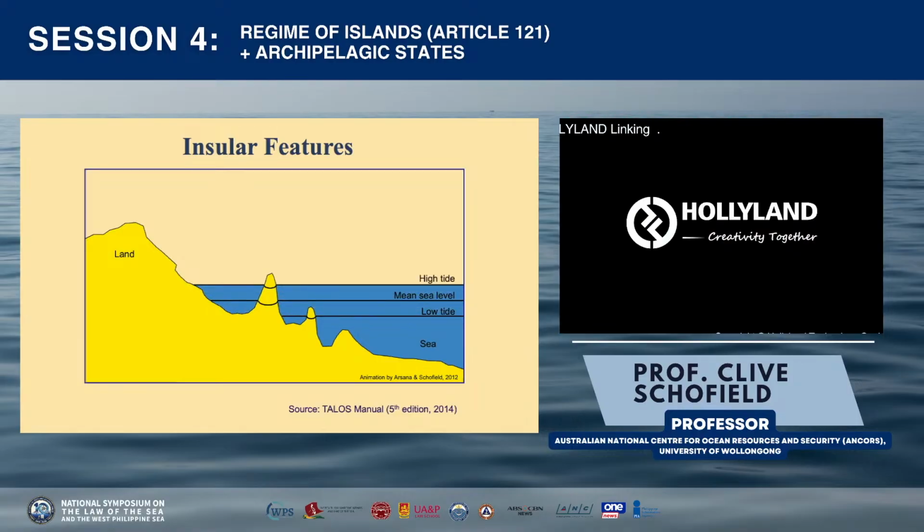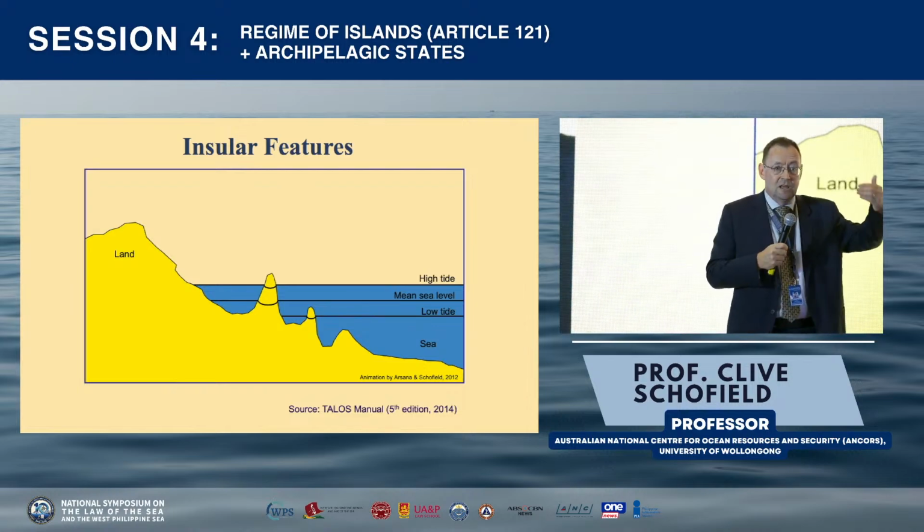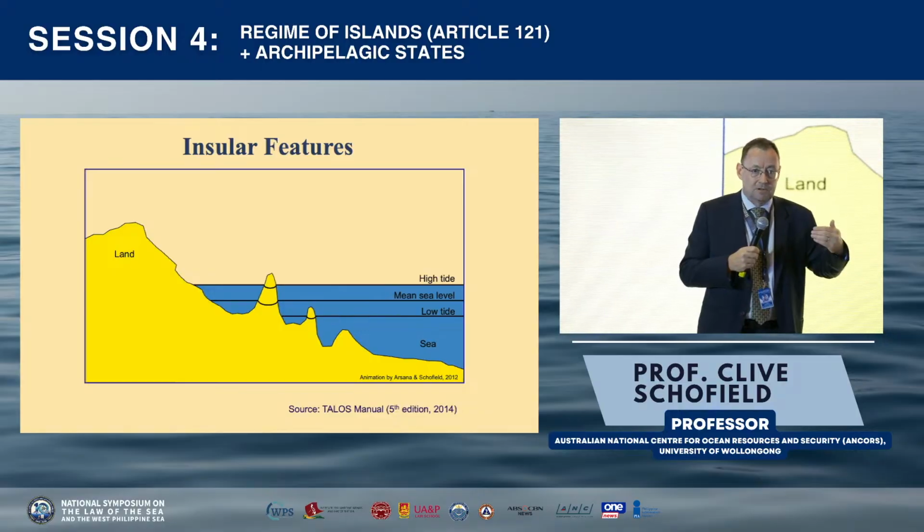Next, please. But you also need to know where the high tide line is, because you need to know what is territory. What's above high tide? The land dominates the sea. The maritime entitlements arise from your sovereignty over land territory.